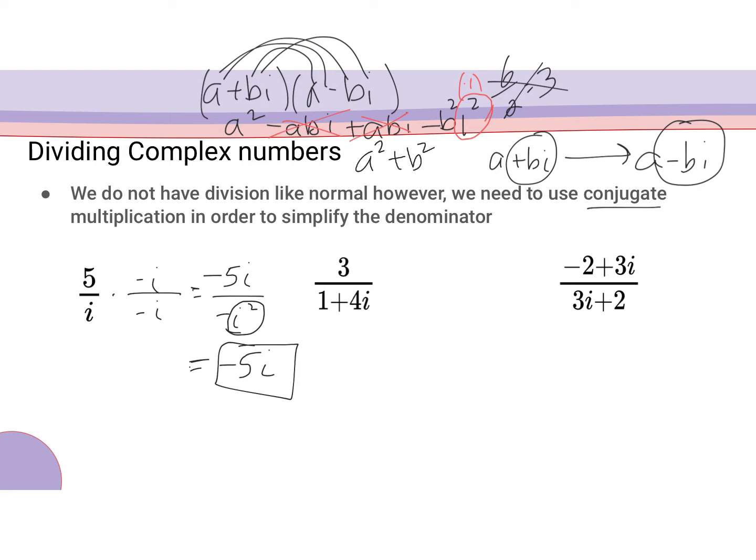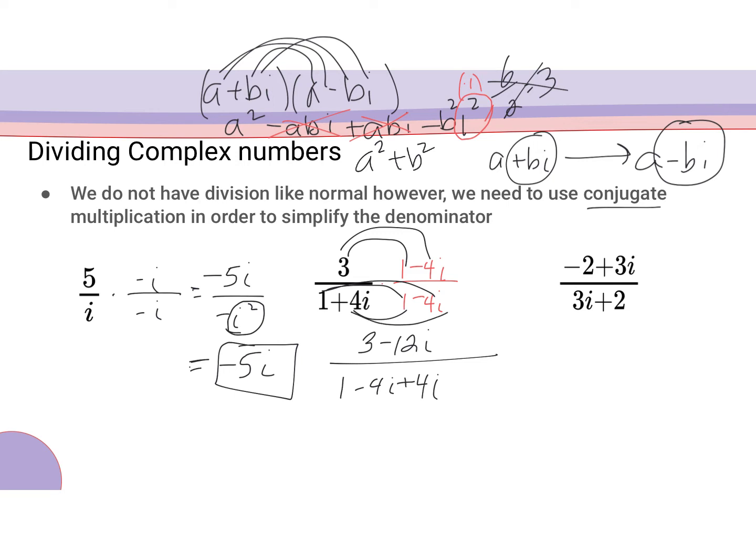Now, a little bit more of a standard problem here. 3 divided by 1 plus 4i, I'm going to multiply by 1 minus 4i in the top and bottom. And now I can distribute in the numerator. So I get 3 minus 12i. And in the denominator, I get 1 minus 4i plus 4i, and 4 times 4 would be 16i squared.